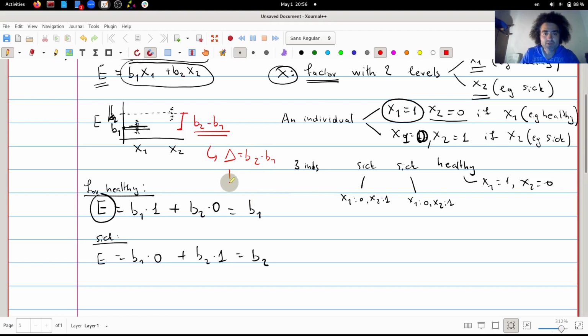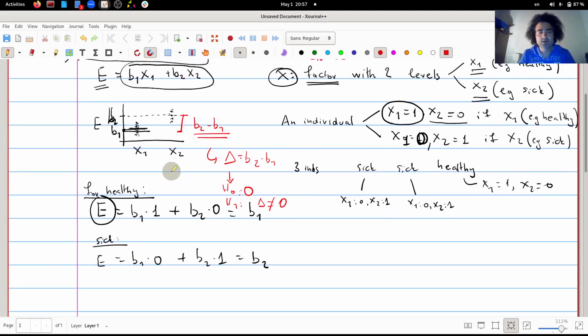So the H0 is that delta equals 0, and the H1 is that delta is different than 0. Using these values and these hypotheses, we will test whether this difference is or is not 0, statistically speaking. Okay, so we can see now some example.